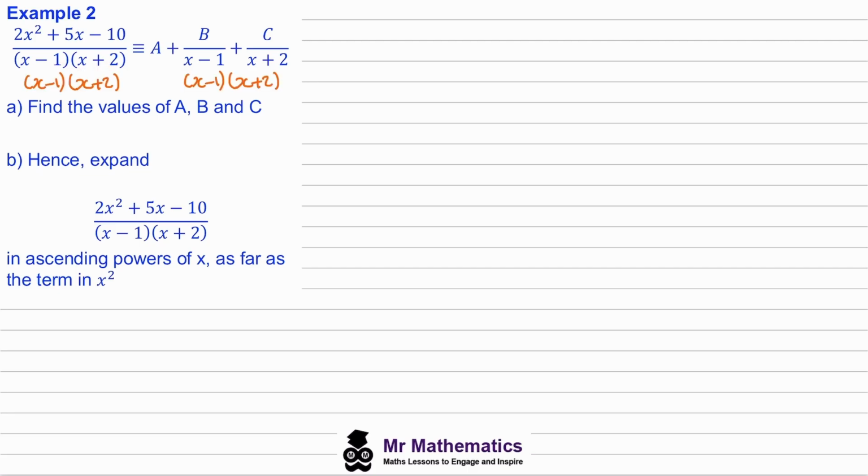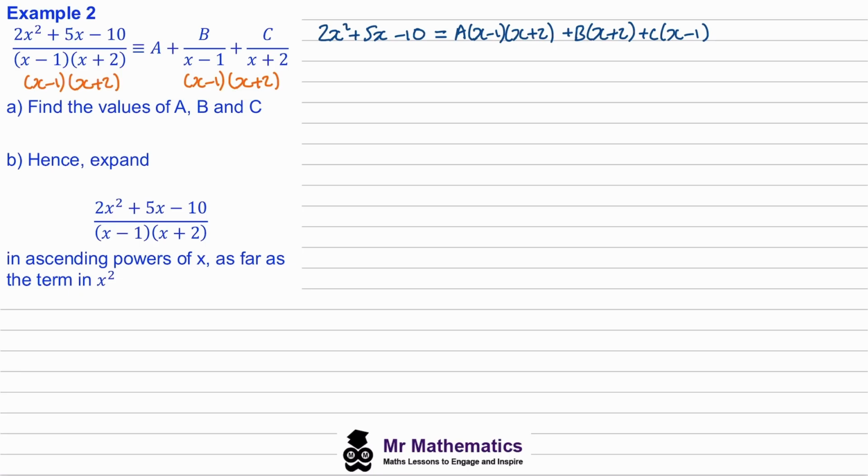So on the left-hand side, these two will cancel, and then on the right-hand side, we'll have a multiplied by the x minus 1 and the x plus 2. These x minus 1s will cancel, and for our c term, these x plus 2s will cancel.